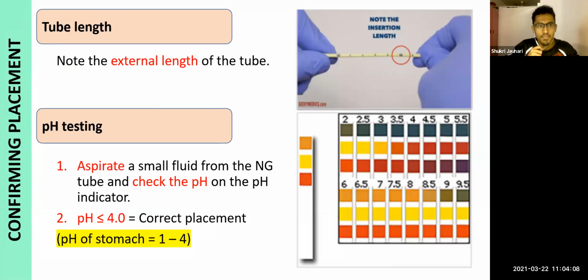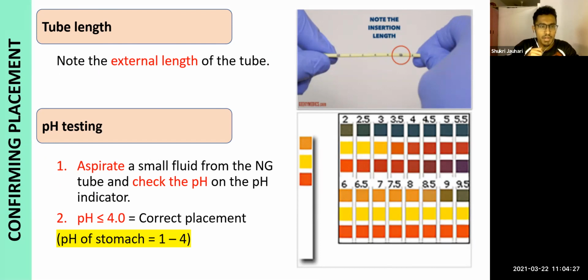Okay, for confirming the placement, the first method we can use is the tube length. We will note the external length of the tube. This is done when we insert the tube in the first place; we measure the total length of the tube.